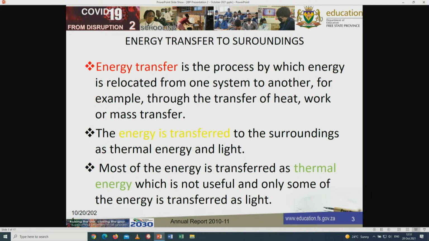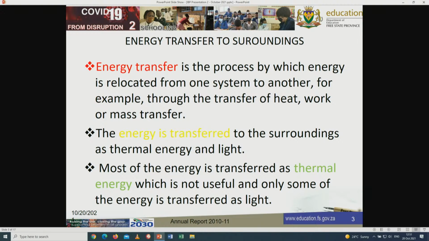Once that energy is not used, it is going to be transferred to the environment. Or let me put it this way: once that energy is not used properly, it is going to be released to the environment.